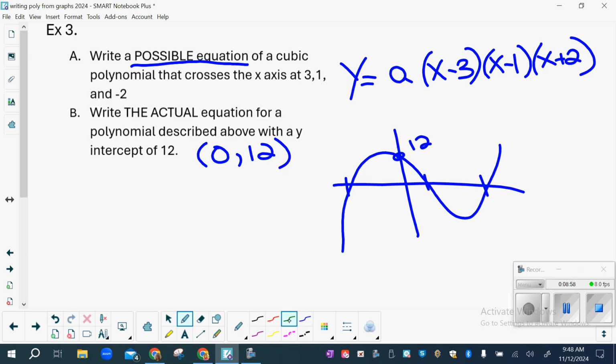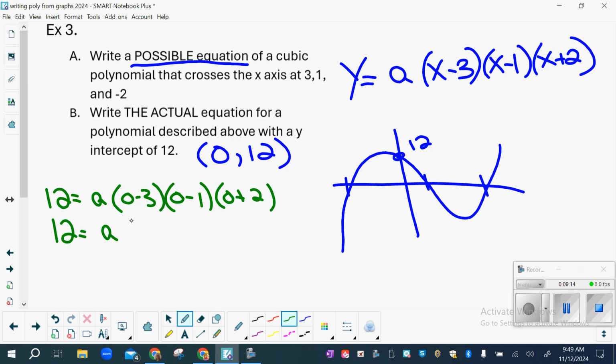I'm going to do it along with you. 12 equals A, 0 minus 3, 0 minus 1, 0 plus 2. 12 equals A, -3. Yes, there are 3 x's. I heard that back there. That's perfect.